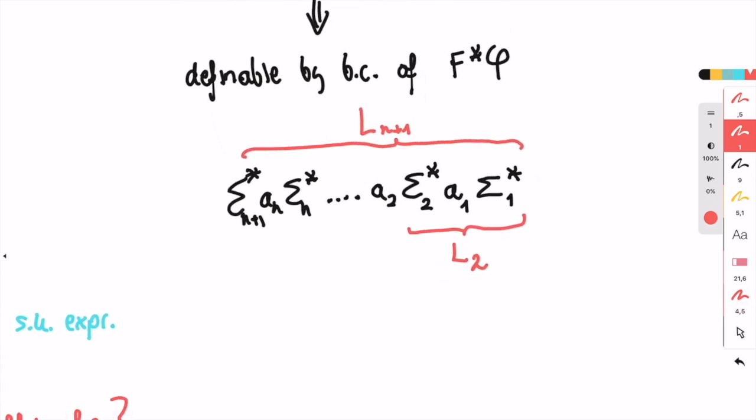So how does L_{i+1}, what is it? It's sigma_{i+1} star a_i L_i. Now, suppose that there's a formula phi, which is like this. Now let's first of all try to define this part.